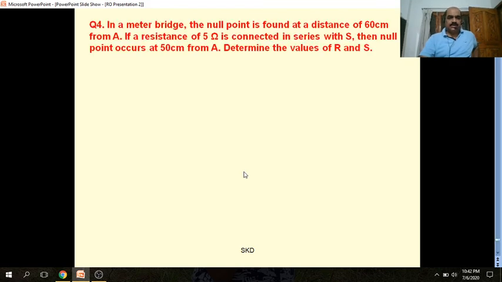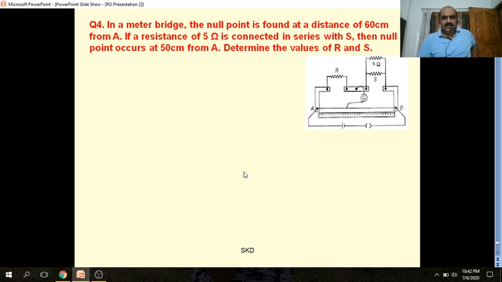I am throwing a question to you which is for homework. I will not solve it here because it is based on the same concept. In the first question, I talked about the parallel connection.